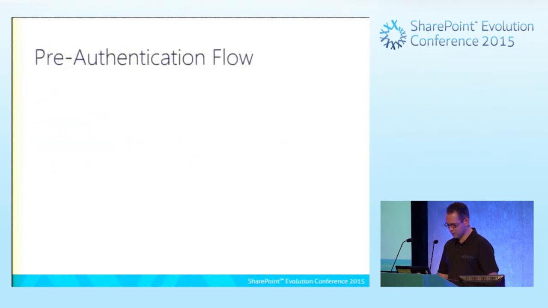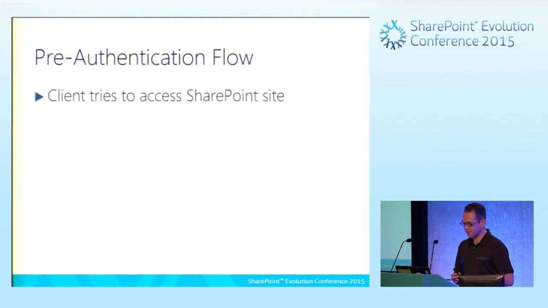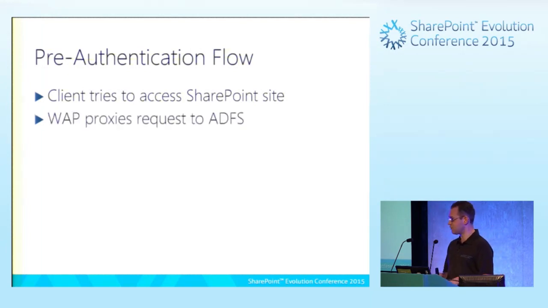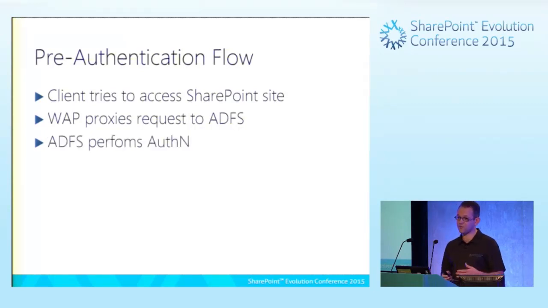Okay, before we do the demo, how does pre-authentication work? First, the client tries to access the SharePoint site, fires a request, DNS resolving, and then you arrive at the Web Application Proxy. The Web Application Proxy then sends your request to ADFS. ADFS performs the authentication, asks you for a username and a password.